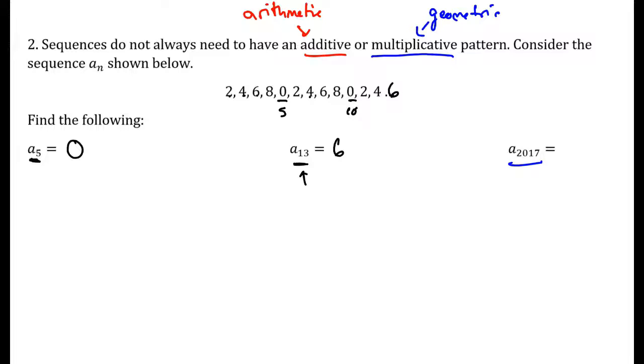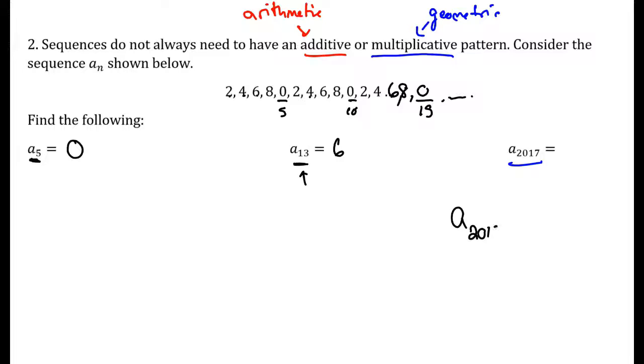So what's a sub 2017? What's the 2017th term in this sequence? This is where we have to think for a little bit, because we don't have a formula to plug into. We have this pattern to follow. The 5th term was 0, the 10th term was 0, the 15th term is 0, so every 5 terms I end up at a 0.